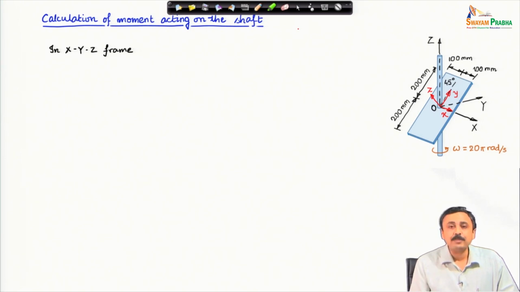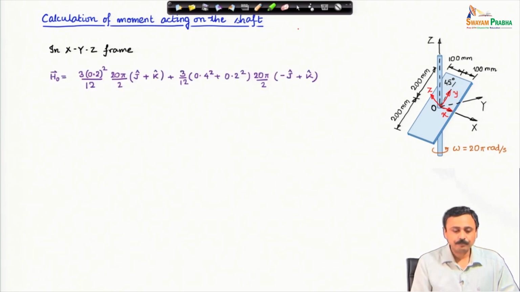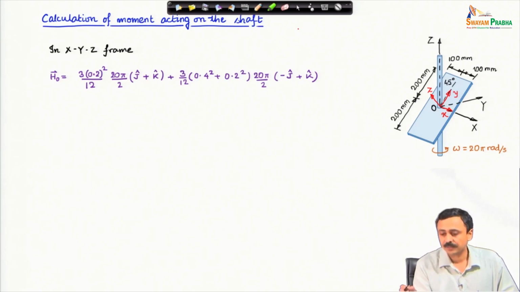We will use this capital XYZ frame now, because we have all expressions in the capital XYZ frame, and this capital XYZ frame, remember, is rotating with the shaft and hence with the plate. Therefore, this Z axis is of course always aligned with the shaft, but the x axis is in the plane of the plate.